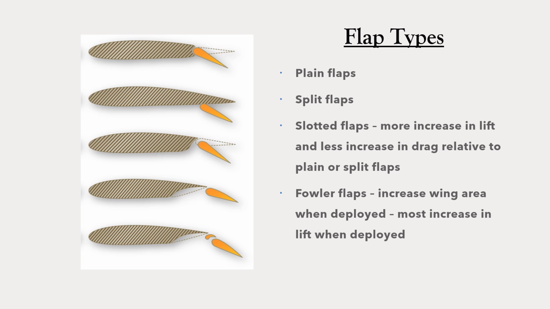In this kind of flap, in addition to changing its orientation, the flap actually moves fore and aft as it's deployed. So when it's not deployed, it'll be up here, and when it is deployed, it's making the wing effectively bigger with more area. So it has a higher impact on the amount of lift.